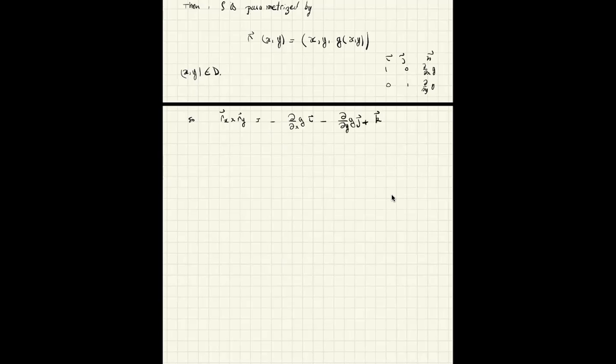So because we have a plus here, a normal vector is given by, let me see.